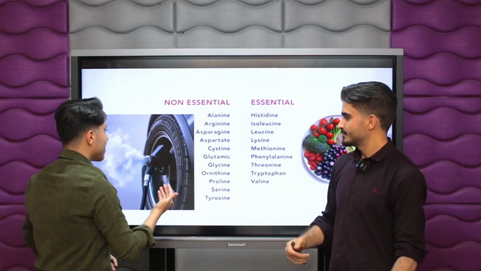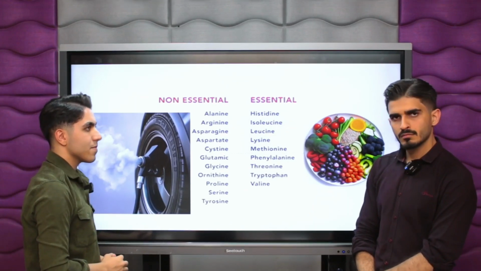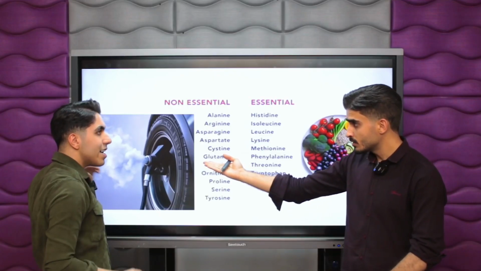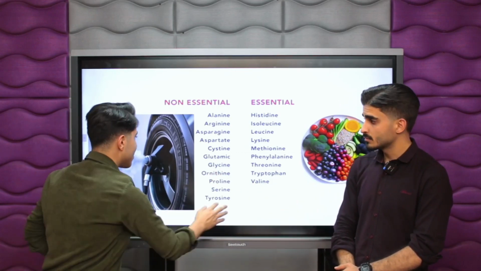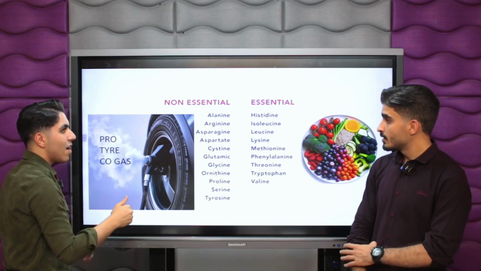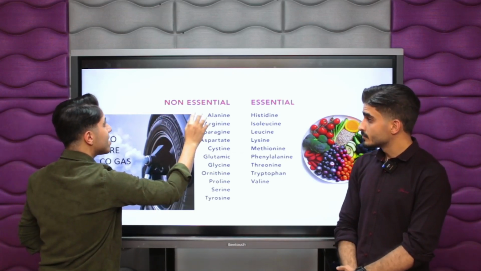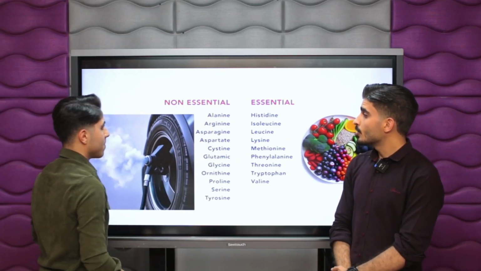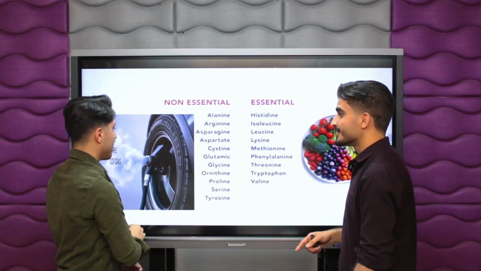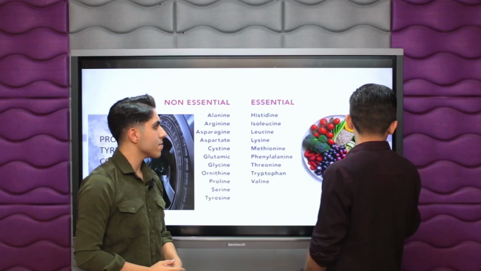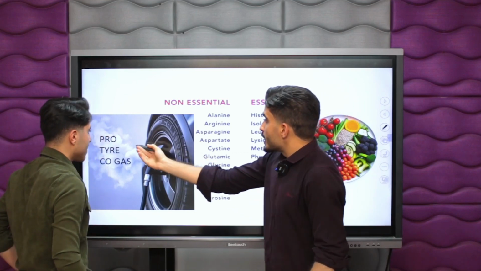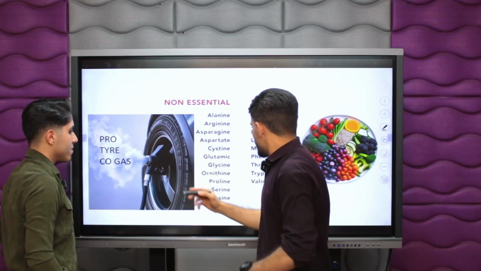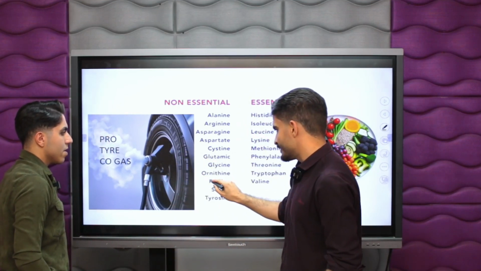Really? Just keep this image in your mind. What is that? Is it a tire? It is not a simple tire. It's Tire Pro Max, a pro tire that releases CO gas, which is unhealthy, representing non-essential amino acids. Oh, I get what you mean. You mean that? Pro stands for proline.